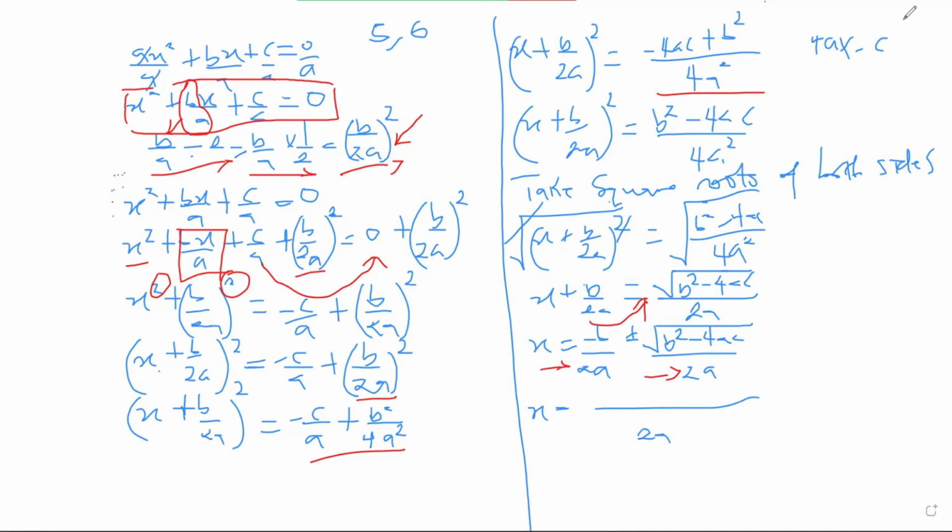So that we can have 2a into 2a, that is 1. 1 times minus b gives us minus b, then plus or minus 2a into 2a is also 1. 1 times the square root of b squared minus 4ac is still going to give us the same value, so that we can now have b squared minus 4ac. And finally, this is what we refer to as our quadratic equation.